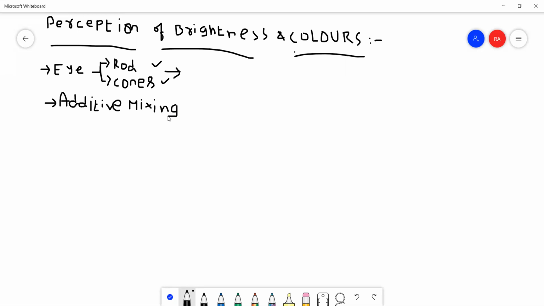So generally, this additive mixing plays a vital role in color TVs.